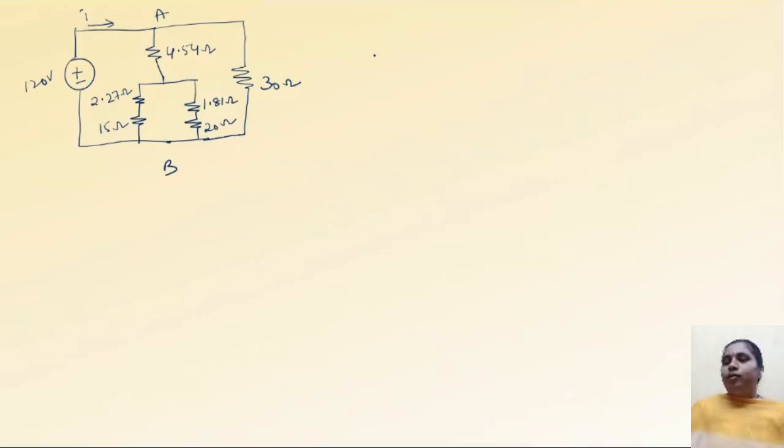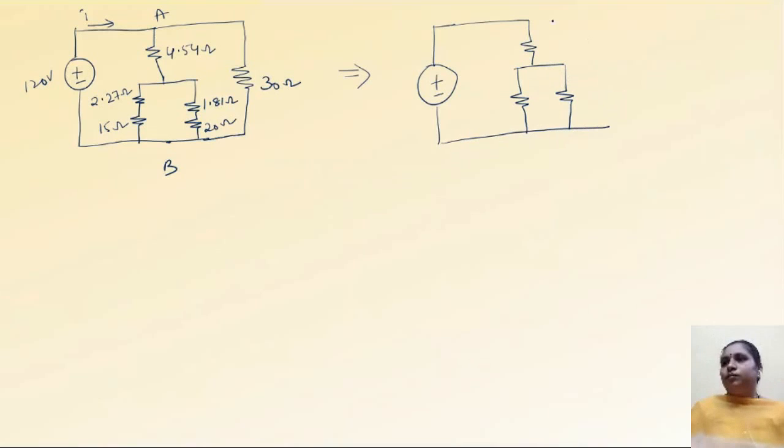So the parallel combination will now be like this. So 30 ohm, 4.54 ohm.